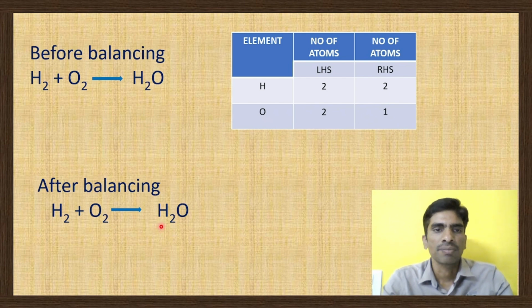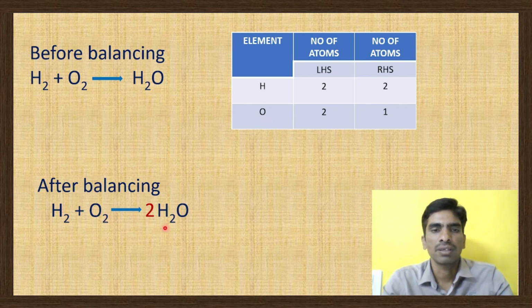Here, before H2O we need to write the correct coefficient before the formula. Here there is only one oxygen, so we need to multiply this with the correct coefficient, that is 2. Now the number of oxygen atoms on the RHS and LHS are equal.